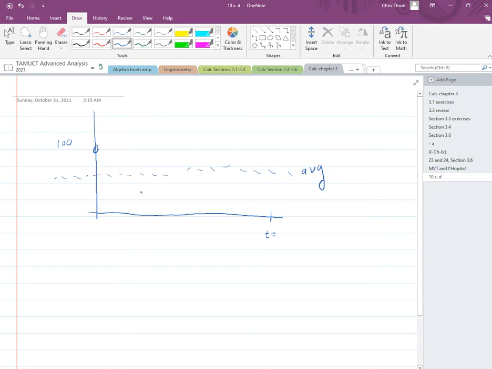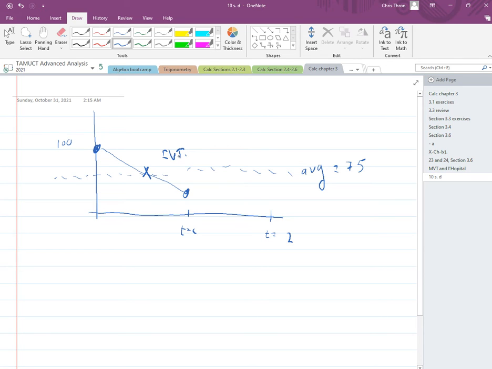And at some point in this interval, it has to dip below 75. Now, it could end up above 75. At some point, it has to dip below 75. So let's say it dips below 75 here. I don't know what time this is. I'll call it t equals c. So if the velocity is continuous and it goes from this point to this point, at some point, it must cross the line here.